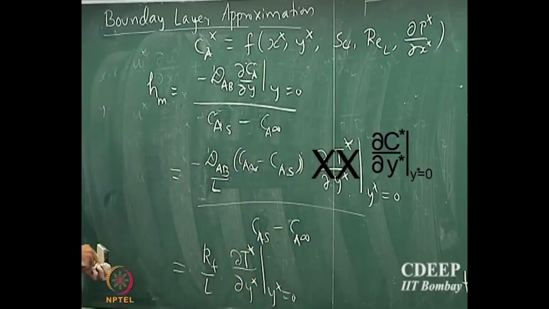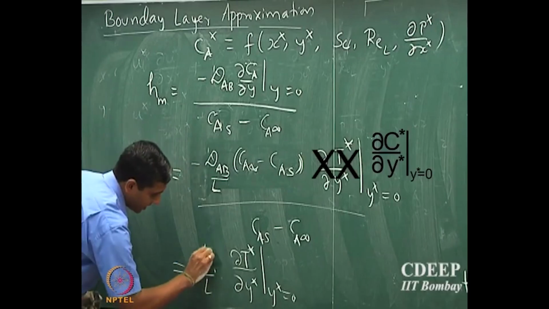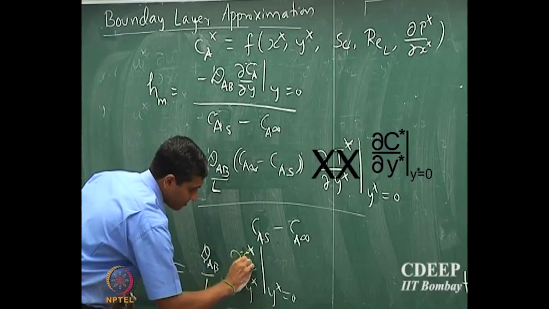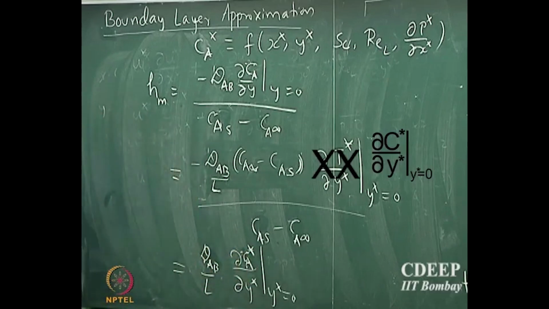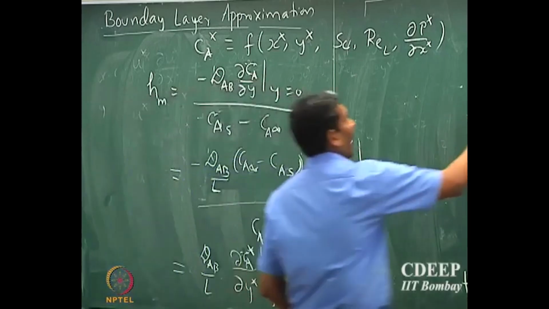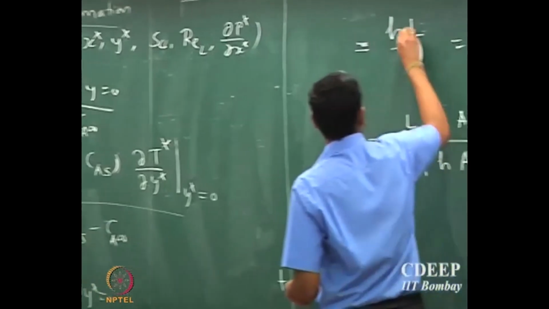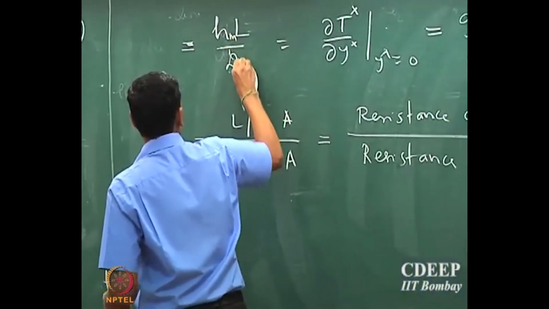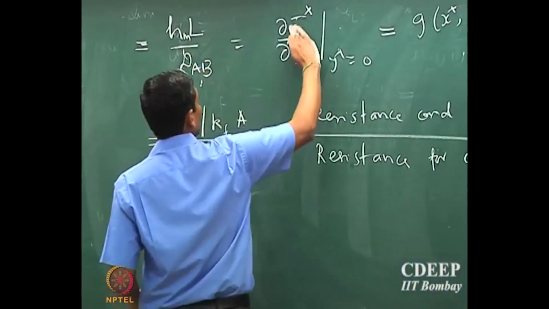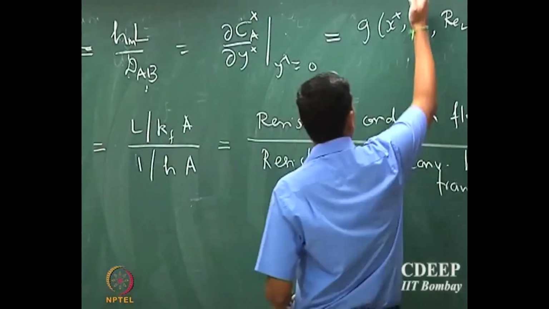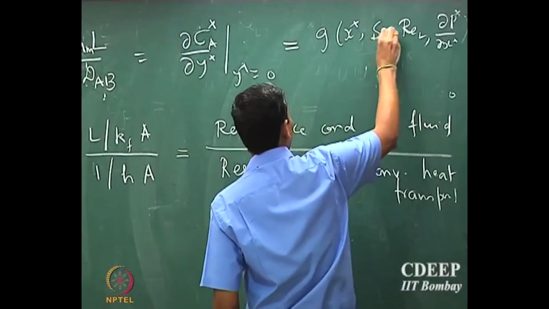Okay, so I can do the same exercise. So this will be DAB and dCA star by dy star evaluated at y star equal to 0, and this will become, what's that number? hM L by DAB times dCA star by dy star, and that's a function of Schmidt number.